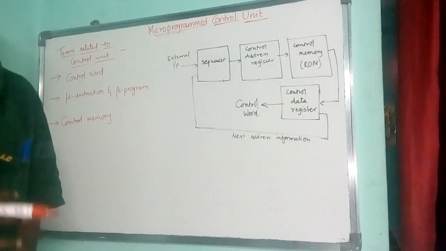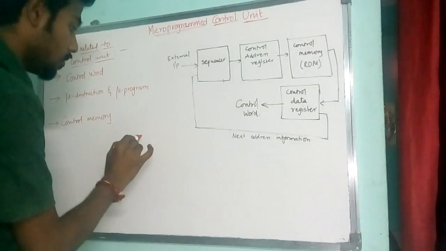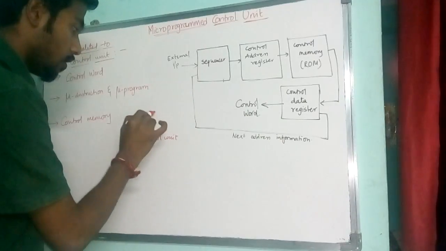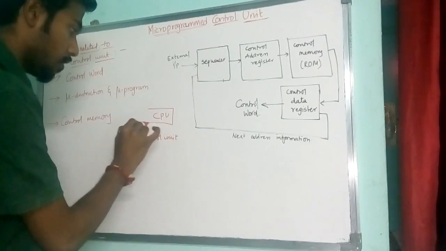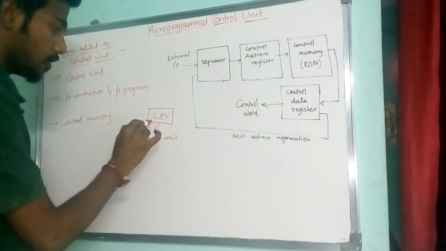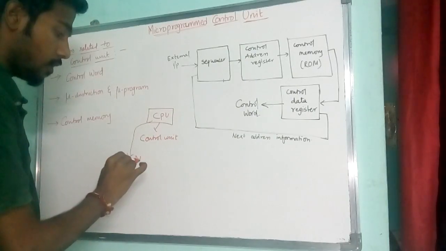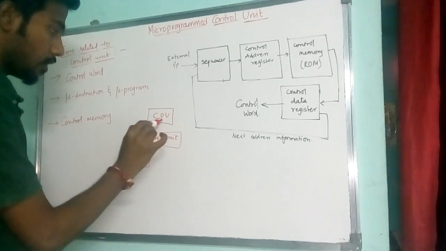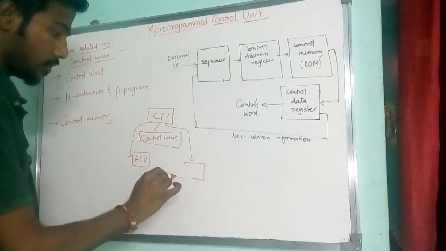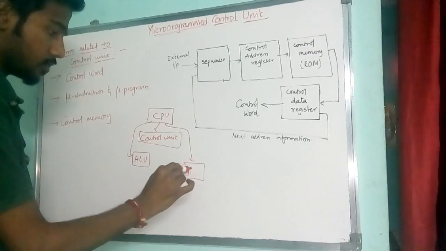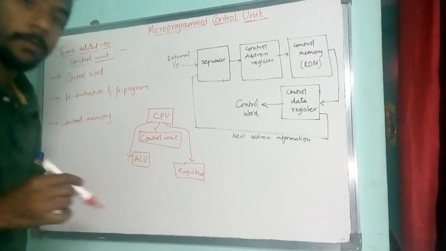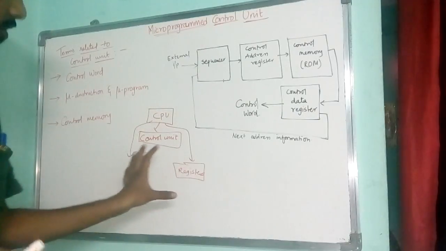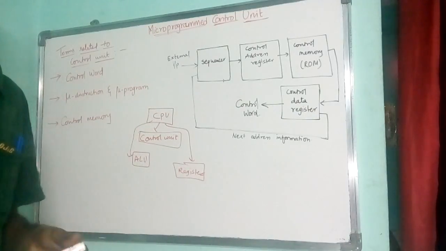The basic parts required for any CPU are the control unit, the arithmetic logic unit, and registers. So for a CPU these three parts are the important blocks.